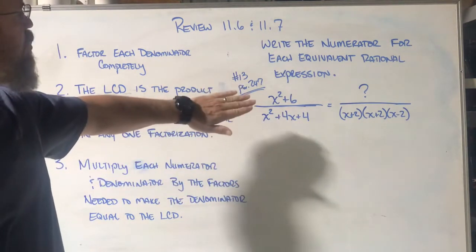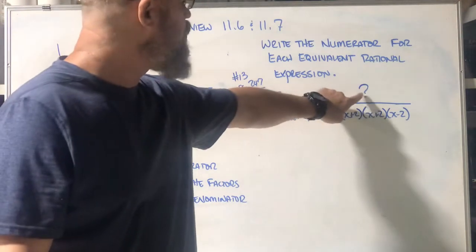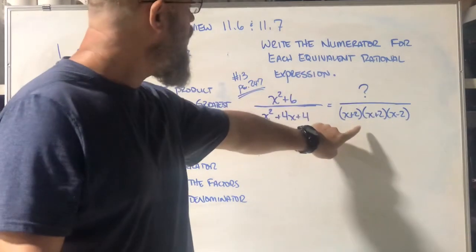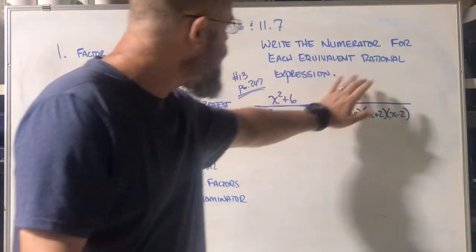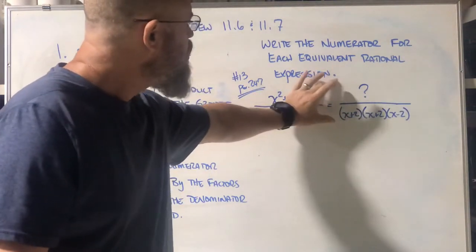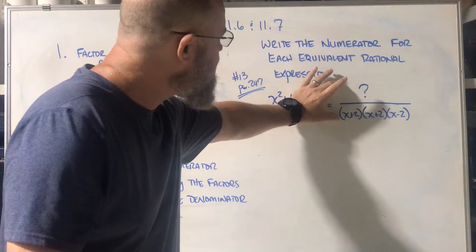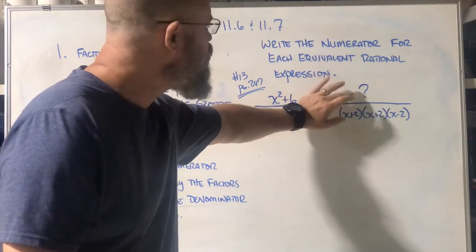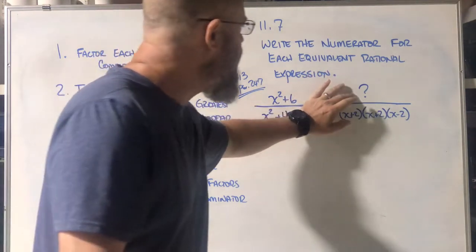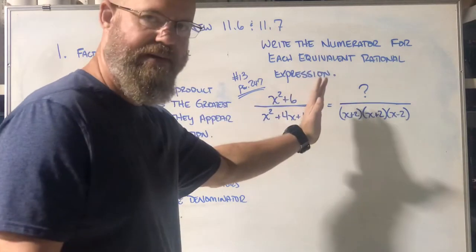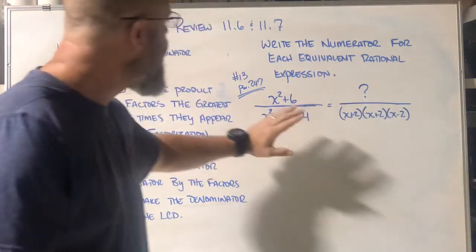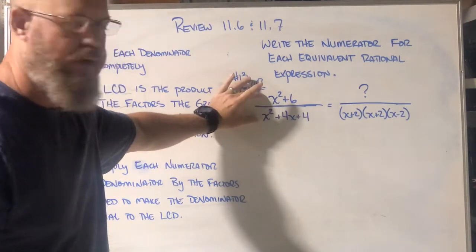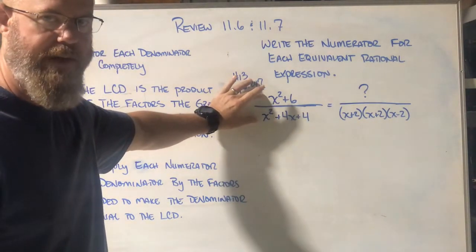And they want us to find the numerator of this equivalent rational expression. We want to make sure that this rational expression and this numerator are equivalent in value to this rational expression.